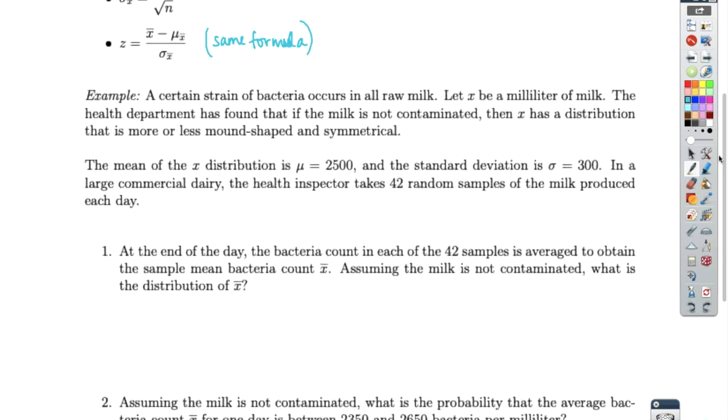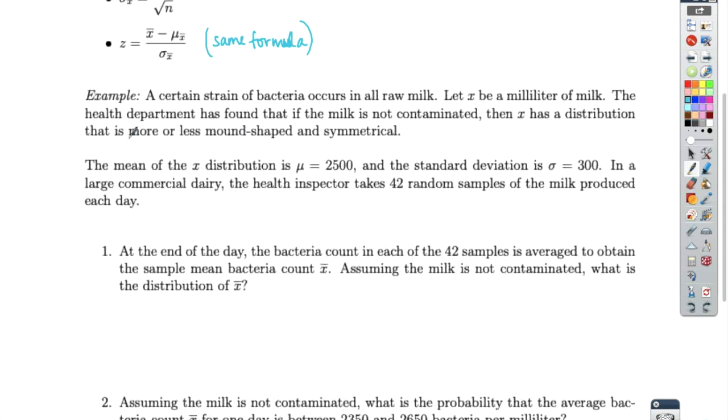So let's put this to work. A certain strain of bacteria occurs in all raw milk. Let x be a milliliter of milk. So this is a certain spread of data that represents 1 milliliter of milk. The health department has found that if the milk is not contaminated, then x has a distribution that is more or less mound-shaped and symmetrical.